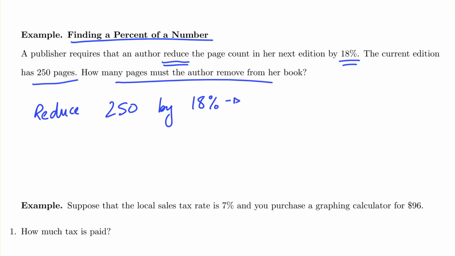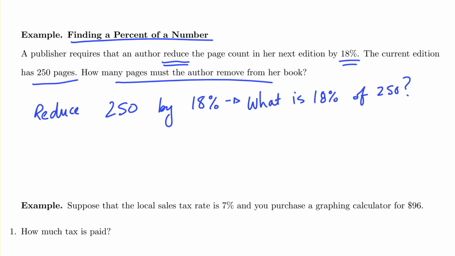The way to do this is to find the percent of a number. We want to find what is 18% of 250 because that's what we need to reduce by. That's our question. If we know what 18% of 250 is, we've got our answer.